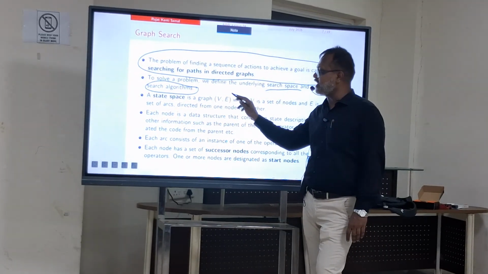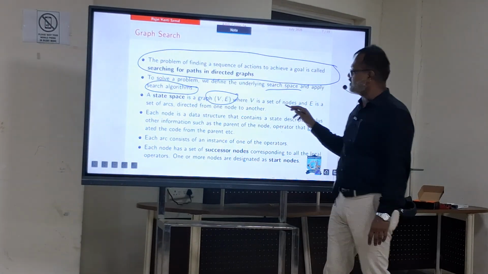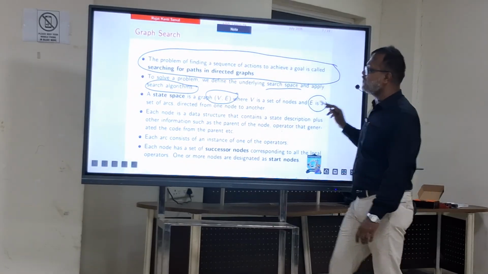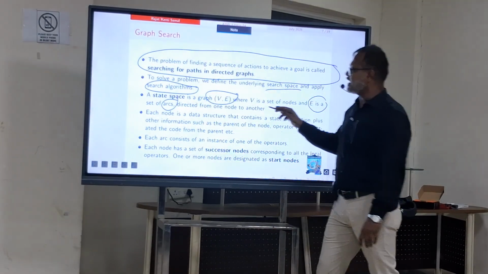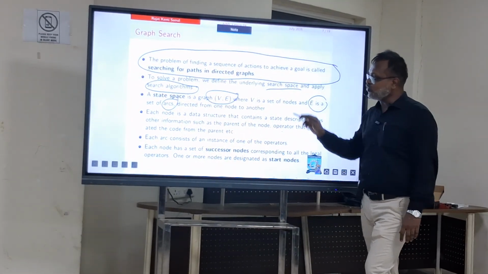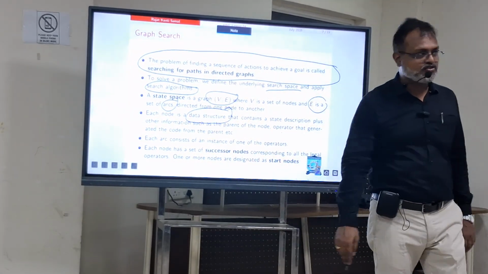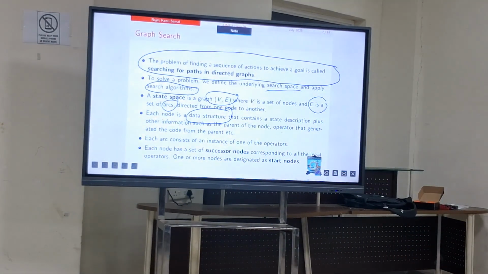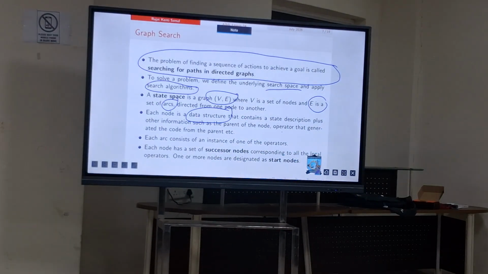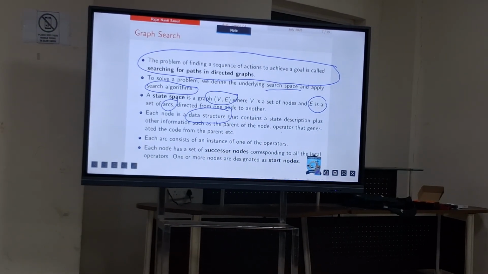So a state space definition in terms of graph. A state space is a graph (V, E) where V is a set of nodes and E is a set of arcs directed from one node to another. Each node is a data structure. You have some basic background on data structures, right? What are the various data structures? Array, linked list, and so on.